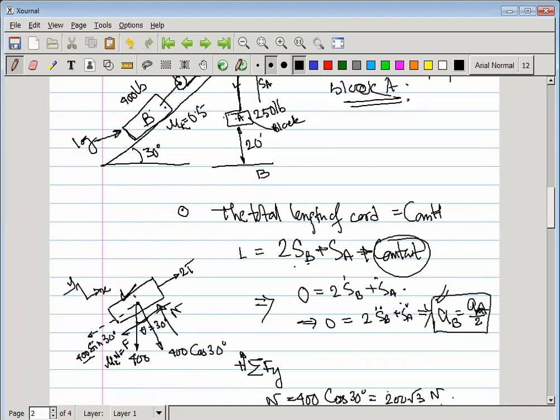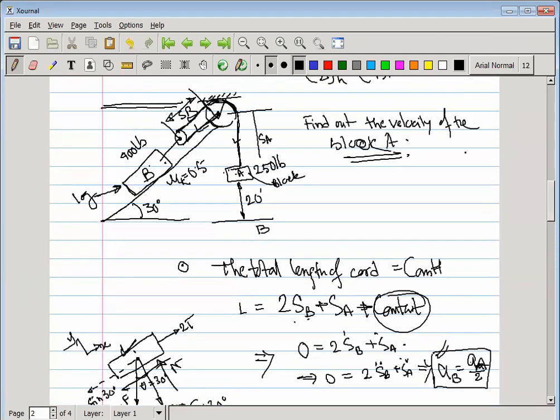Another thing is the independent motion. From there we get that the length of the chord is constant. If they have a different orientation, here you can see that if we consider this length SB, it is round up 2 times, so we take 2 into SB, and this is one single length of the string here, that is SA. This summation is a constant because of the diameter of this pulley, some angular position, the angle of wrap, some length of this chord is here.